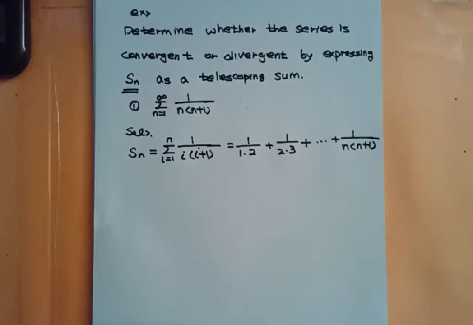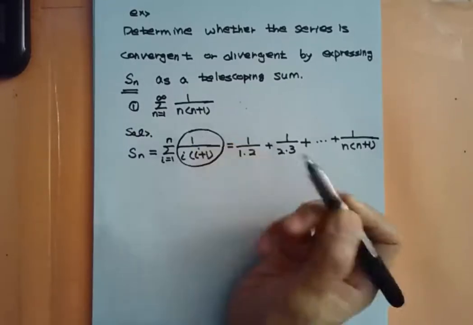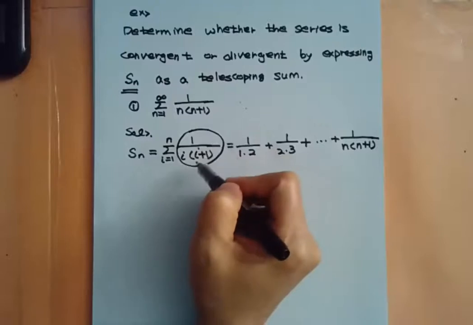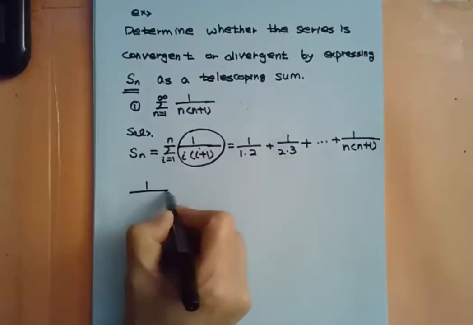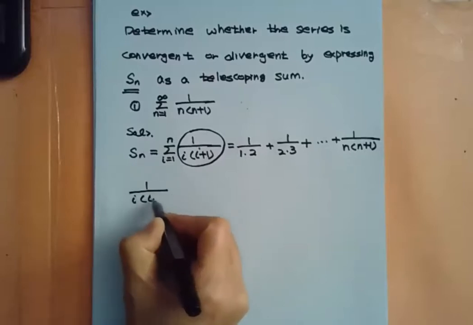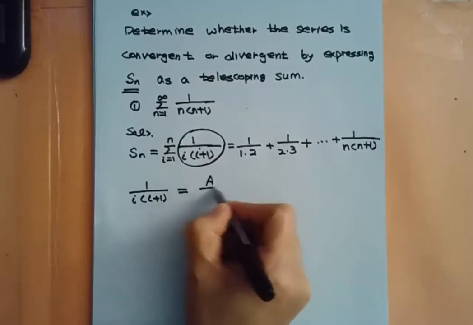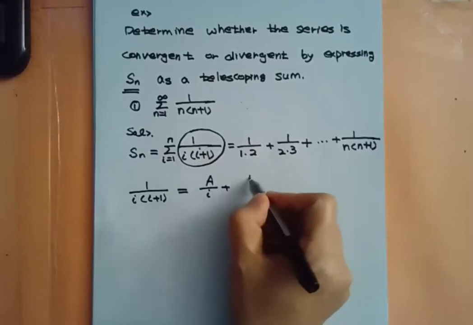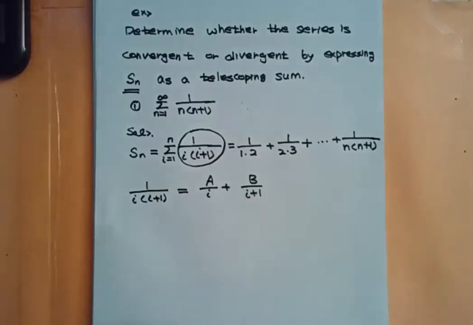So what we want to do is think about the partial fraction of the given fraction. We consider 1 over i times i plus 1, and then we put that as A over i plus B over i plus 1. We did something similar when we were learning about the integration technique.